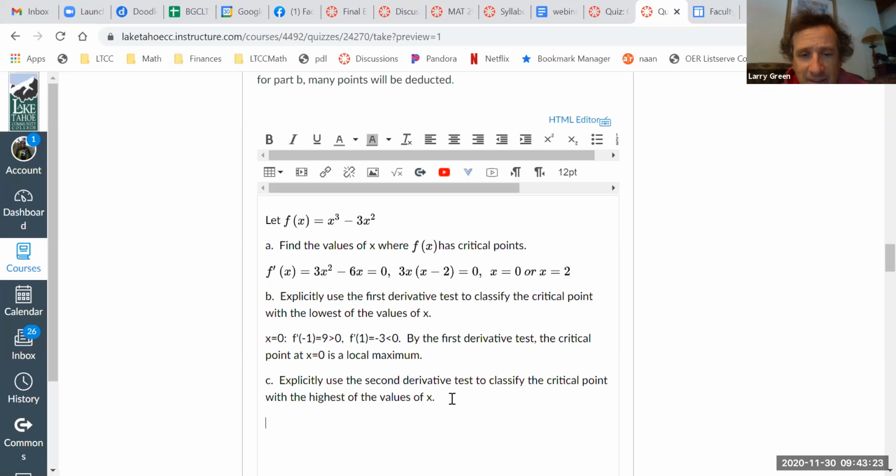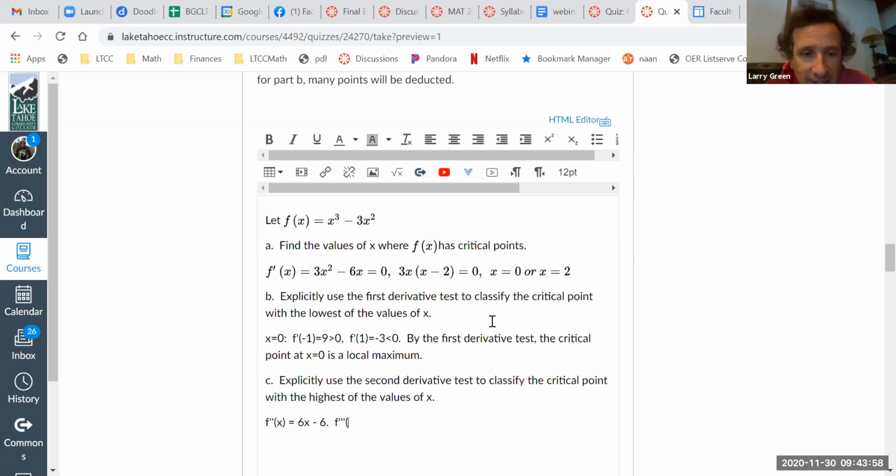Okay, now we have to use the second derivative test. To use the second derivative test, the first thing is let's find the second derivative. And the nice thing is it's nice. f double prime of x is equal to, well, what's the derivative of 3x squared minus 6x? Yeah, 6x minus 6. For the second derivative test, I need f double prime, not of a nearby value, but of that value.